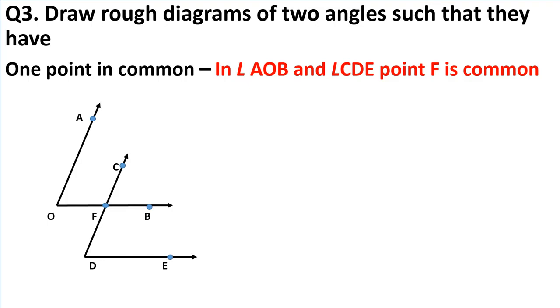Now see, in angle AOB and CDE, which point is common? Which point is coming in both the angles? That is point F. Point F is given in angle AOB and also in CDE. Okay? Now see its second part.